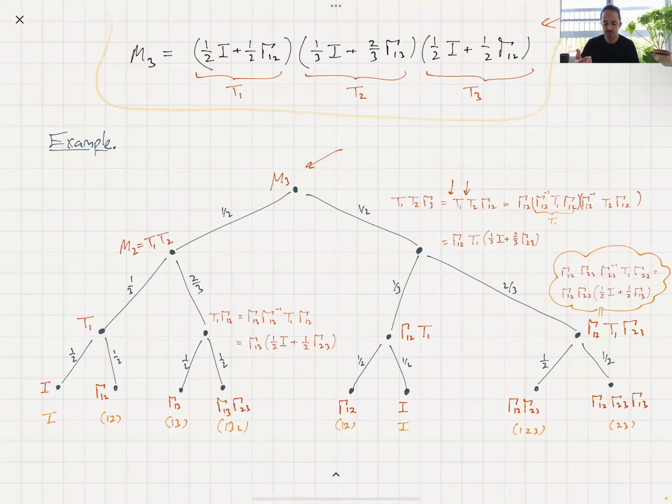By the way, I don't write a hat version because T1 hat isn't enough. T1 is being conjugated in different places in several different ways. For example, here by 1 3, and here by 1 2. So T1 hat will cause you to forget that it depends on what you conjugate T1 with.